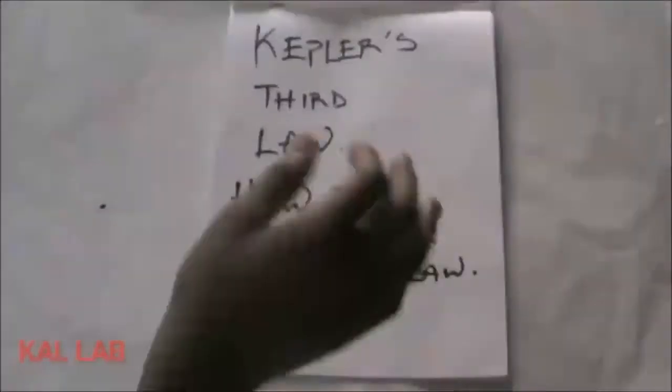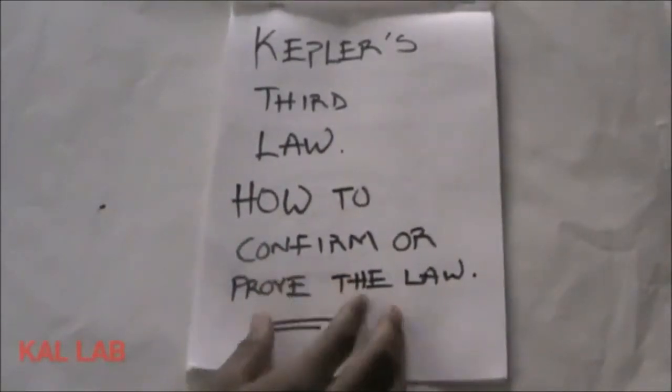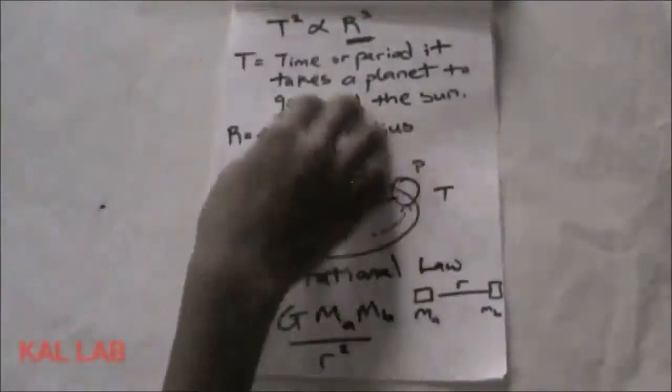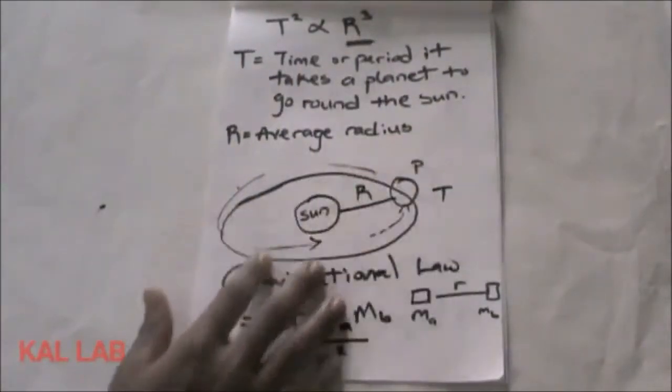So I hope you understood. If we start from the beginning, how to prove or confirm Kepler's law, that we did. Kepler said that T squared is directly proportional to r cubed, T is the time and r the average radius.